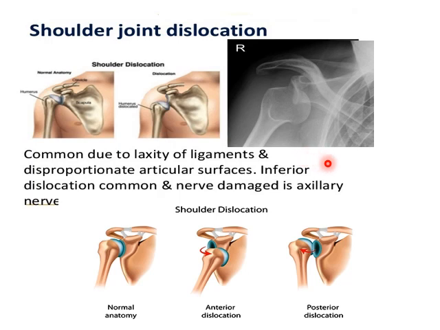And inferior dislocation is more common, and as the axillary nerve is related inferiorly to the shoulder joint in the quadrangular space, as we said, it is liable for damage in inferior dislocations of the humerus. So radiologically you will find that the head of the humerus is below the glenoid fossa.